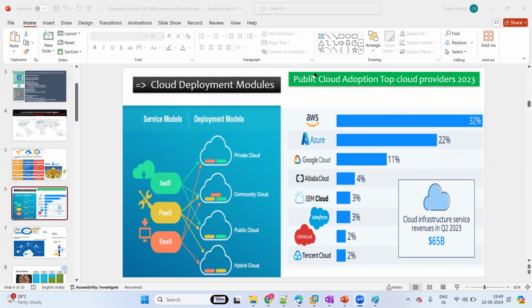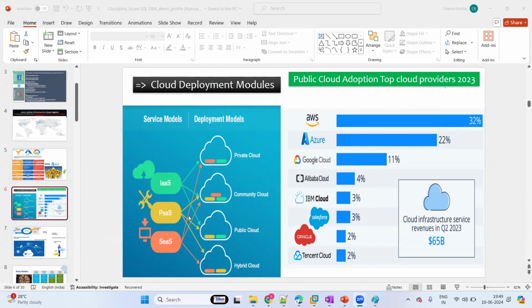We'll walk through the portal and all, to see how it is going to look. Now, these deployment models are in every cloud vendor, whether it is AWS, Azure, Google, Alibaba, IBM, Salesforce, whatever. Okay, for all these cloud vendors, the deployment models are the same. There is no change at all.